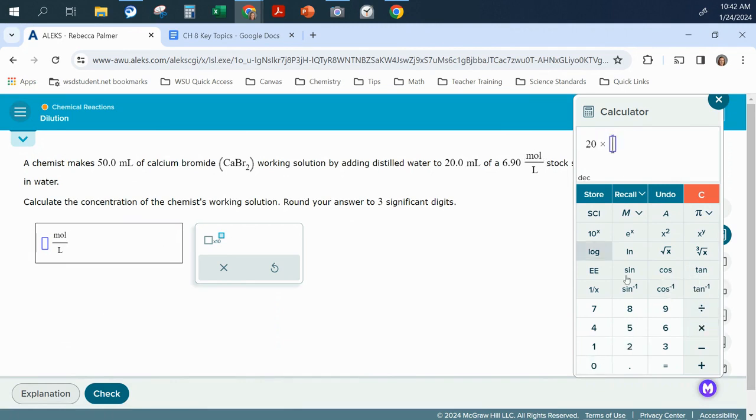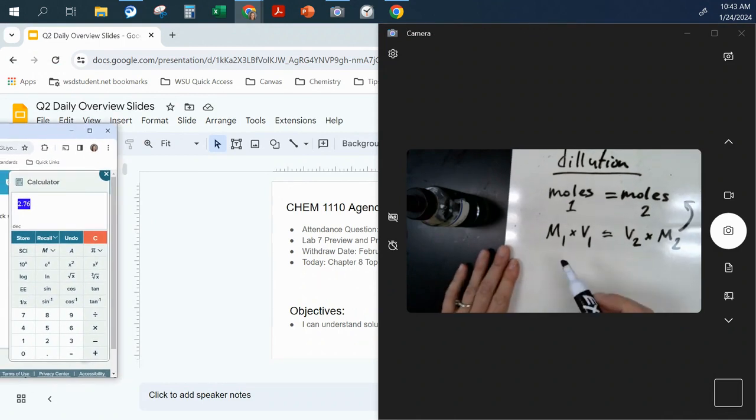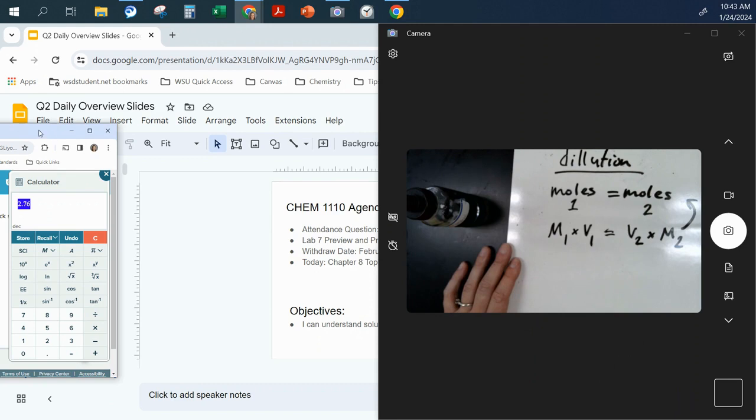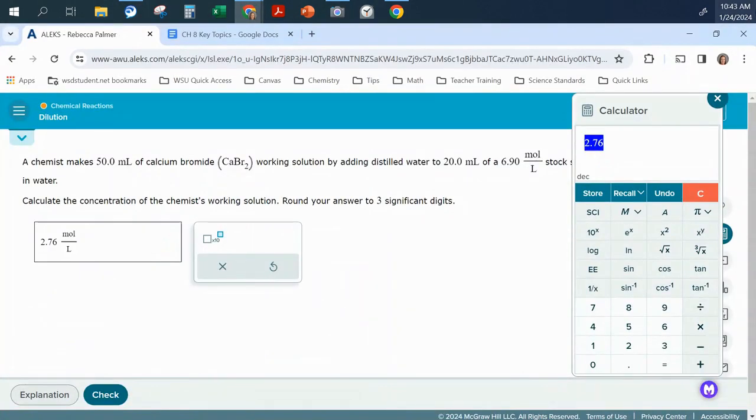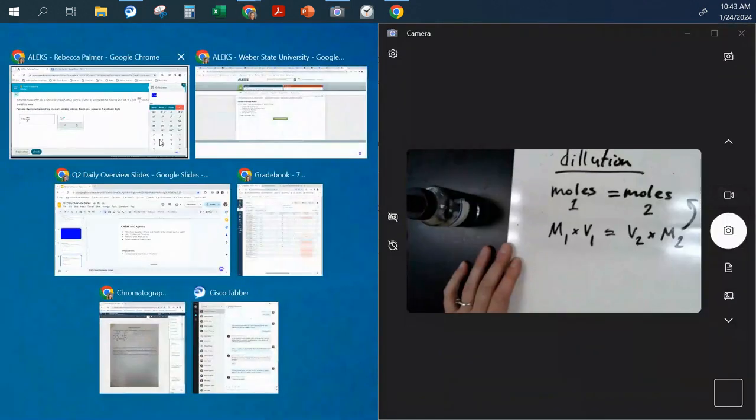This one times this one, divide the whole thing by 50. All 3 of these numbers have 3 sig figs, so I'm going to put 3: 2.76. Before we push enter, let's check our units. This is another one where we can follow along with our units.